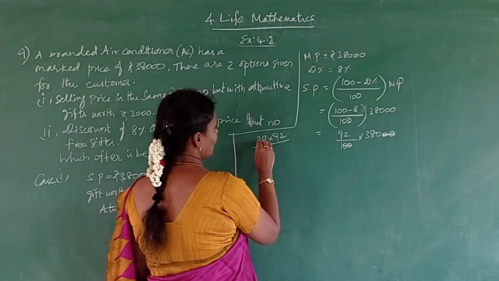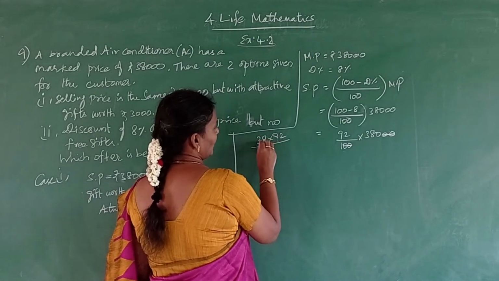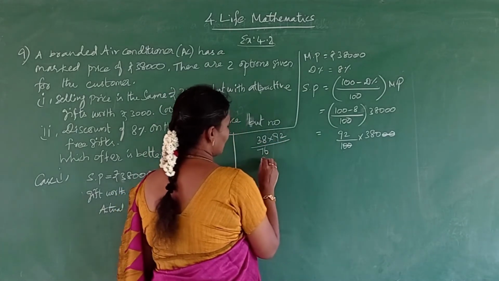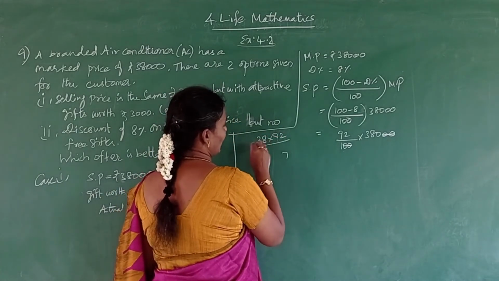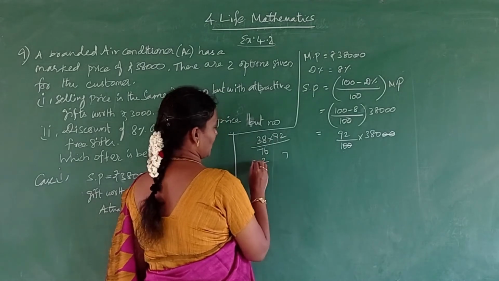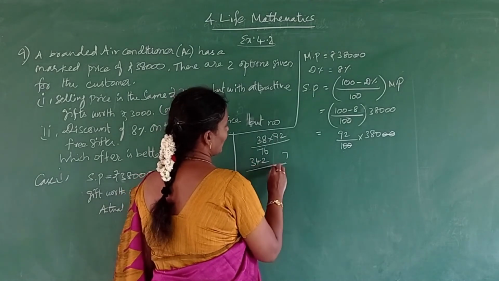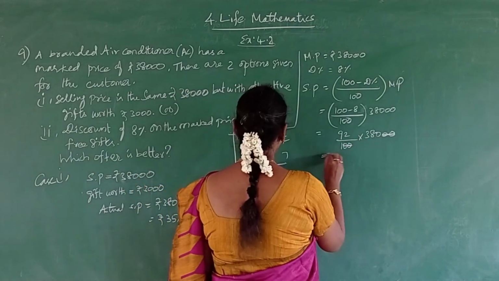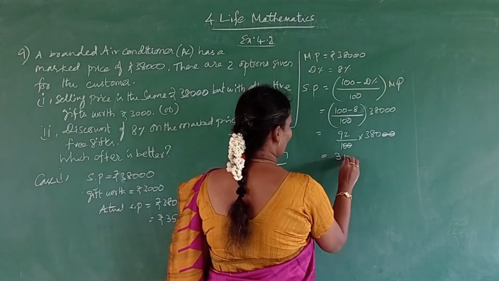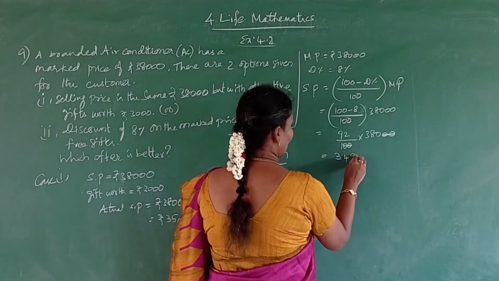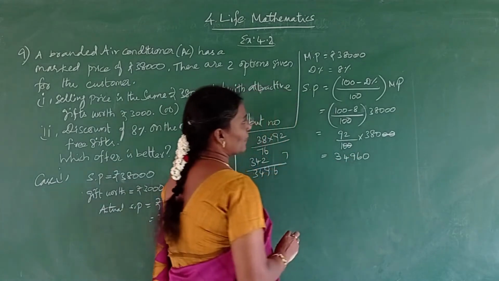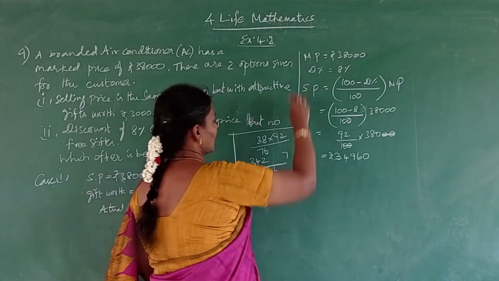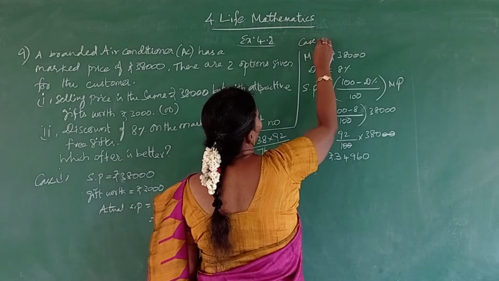So what comes here? 38 twos are 76. 8 nines are 72, 7, 27. 27 plus 7 is 34. 6, 9, 4, 3. One more 0. So 34,960. This is the selling price for the second case. This is case 2.